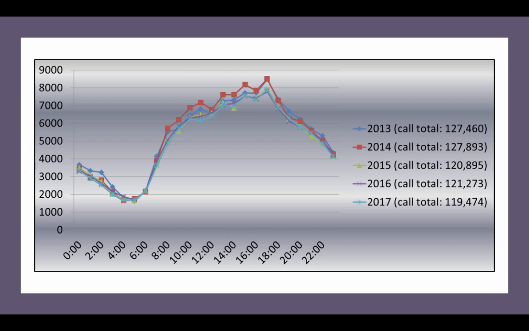So for this service, you see the lowest number of calls around 4 a.m., 5 a.m. with the highest number of calls during the day coming around 6 p.m. or so. So using this data, we can not only know where to place our ambulances using that heat map, where they're coming from geographically, but now we have an idea of how many ambulances to staff during different times of the day.